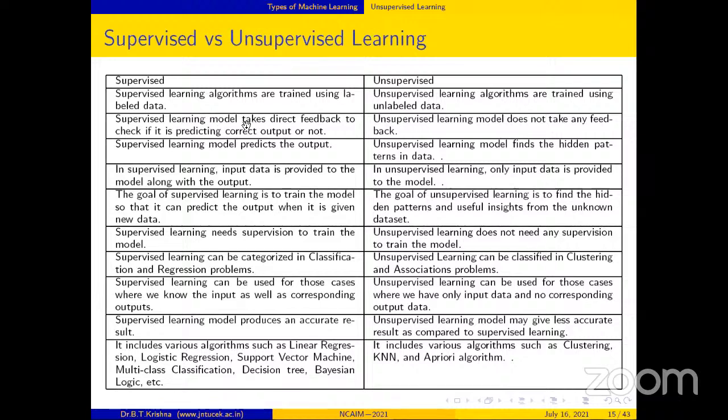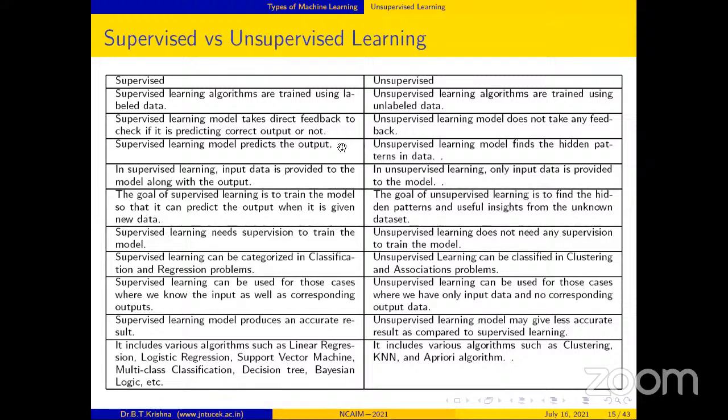A supervised learning model takes direct feedback to check if it is predicting the correct output or not. But in unsupervised learning, you will not have any feedback. I think all of you know what feedback is. A supervised learning model predicts the output. An unsupervised model finds the hidden patterns in the data.